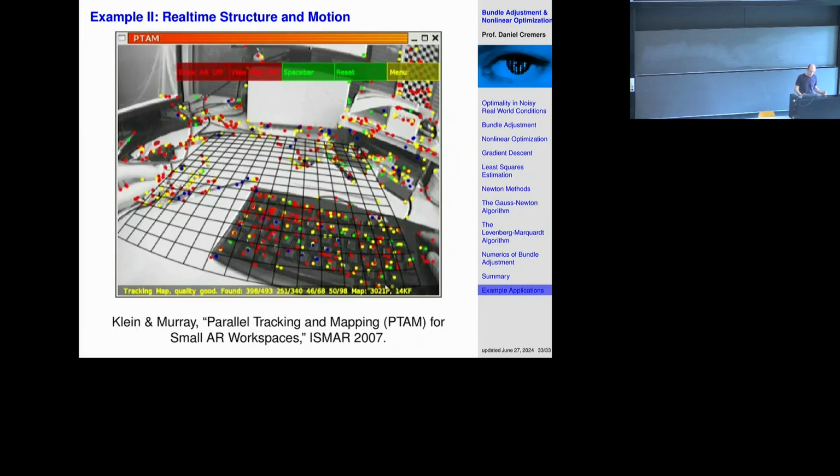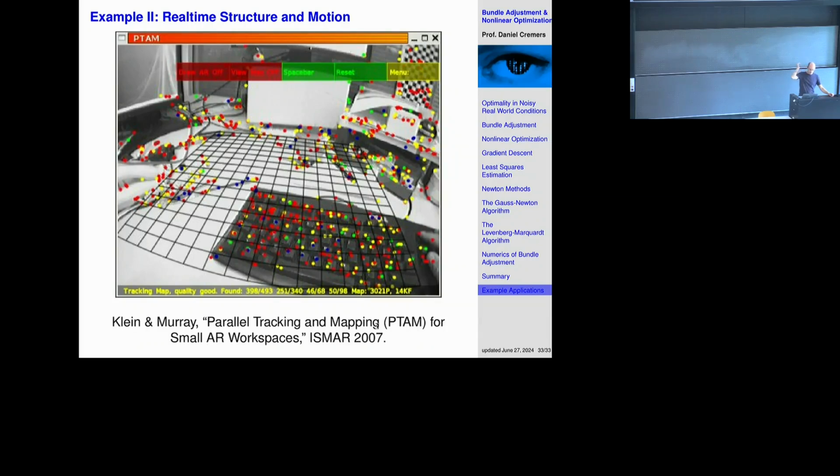So this was a paper published in an AR conference called ISMAR, the International Symposium on Mixed and Augmented Reality. And I suspect this may have been one of the most influential ISMAR papers ever. ISMAR is not as big as CVPR or ECCV. It's a somewhat smaller event, but this paper had quite an impact.